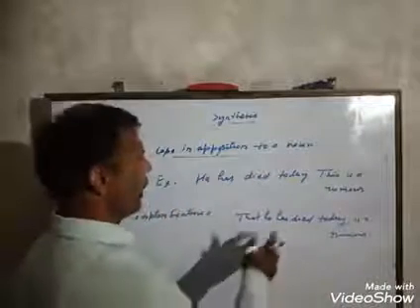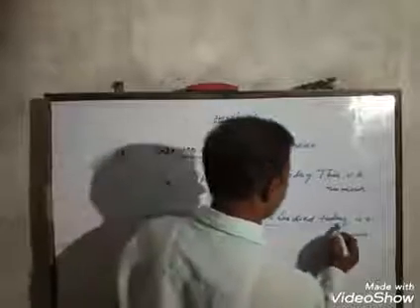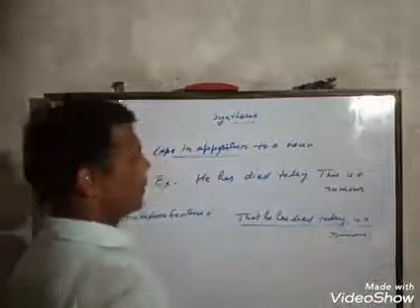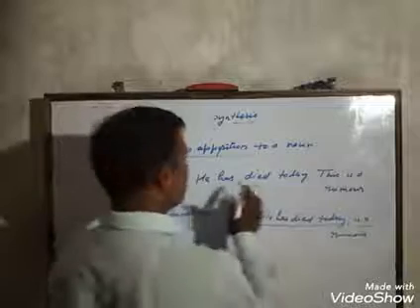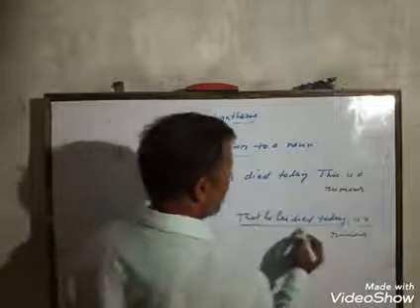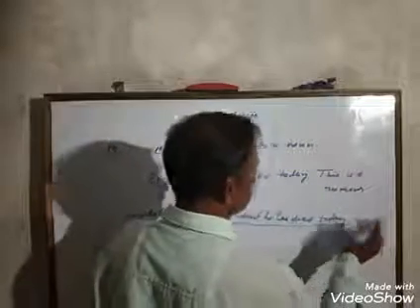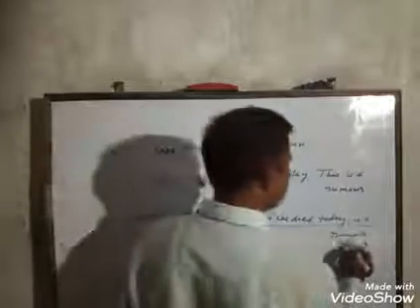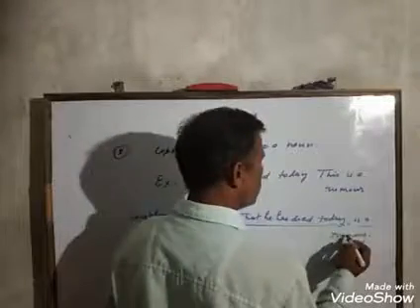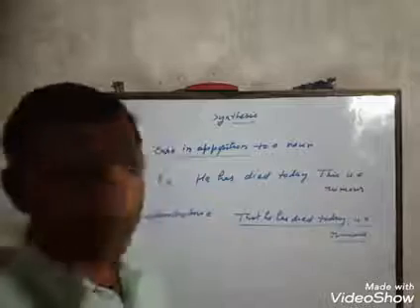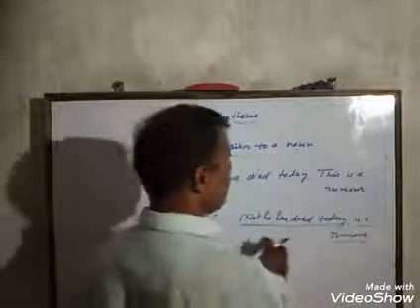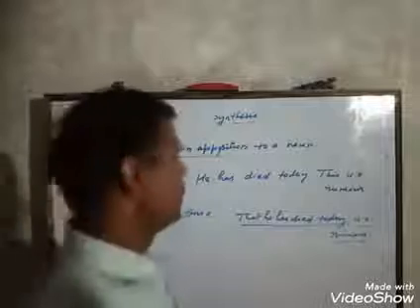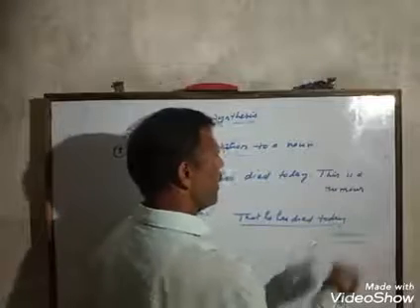That he has died today is a noun clause and this is the other part of the sentence. So we have used here a noun clause as case in apposition to the noun rumour. Rumour is a noun. So this is case in apposition.